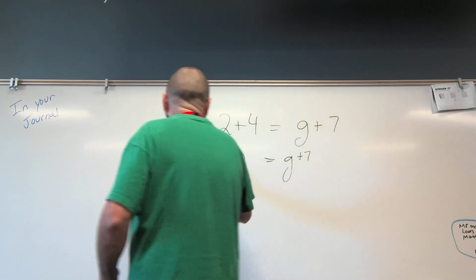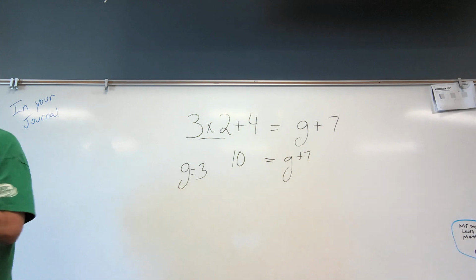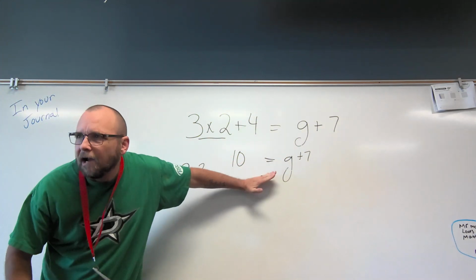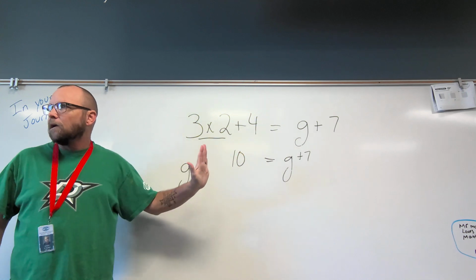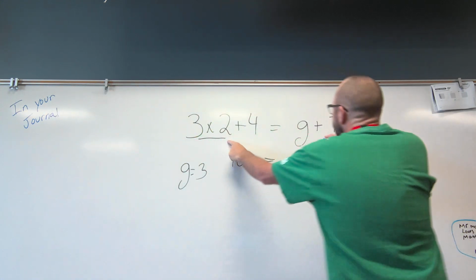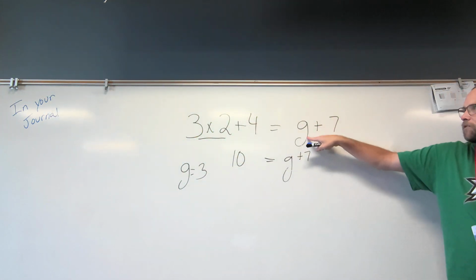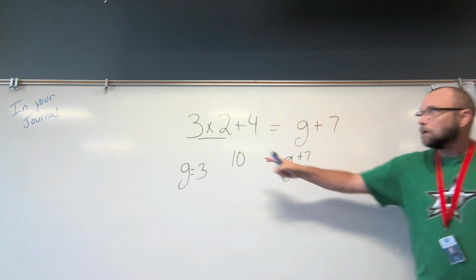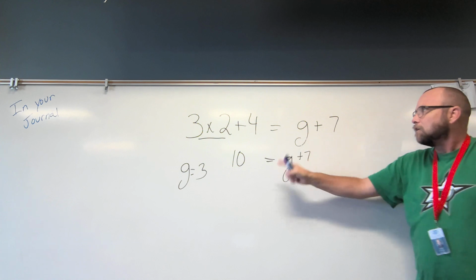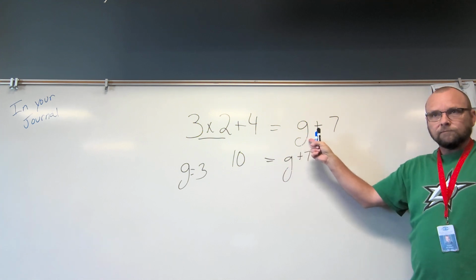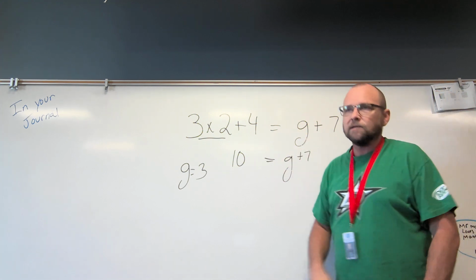So G equals 3. That's how it works. The equal sign tells you that both sides have to be equal. In order to make this side and this side equal, I have to make this side equal 10, because I know this side equals 10. To make this side equal 10, G has to equal 3. And you're going to get a little practice at that too.